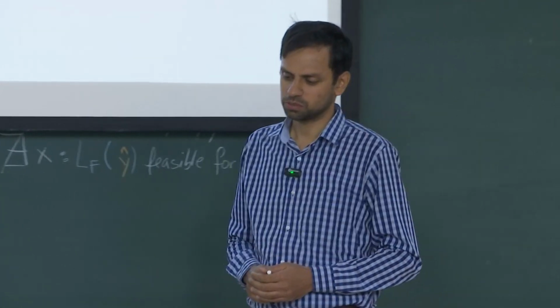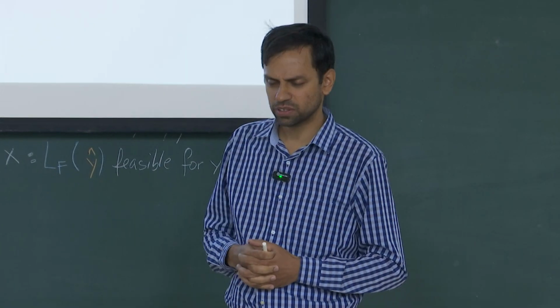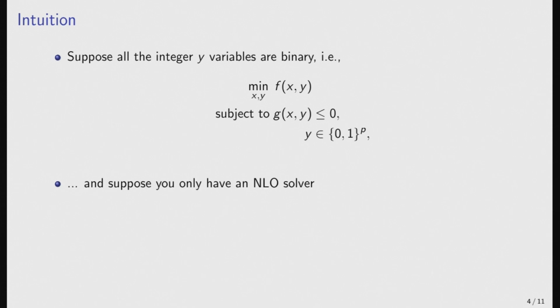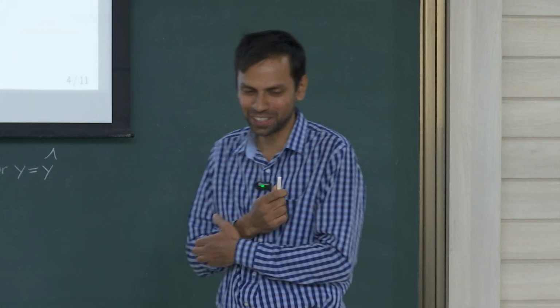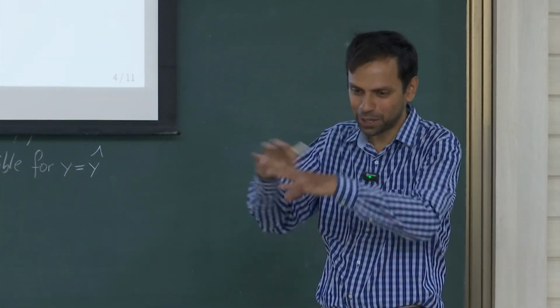Suppose you only have an NLO solver, nothing else, and you still had a MINLO problem to solve. For the sake of simplicity we can assume that all the y variables are binary, so all y variables will either take value 0 or 1. It's a very nice island to be on.